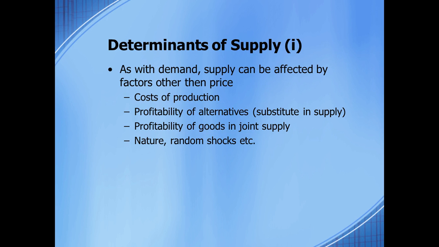With supply as well, you need to be aware of things like nature and random shocks, perhaps bad weather, poor harvests, and then the expectations of future price changes, perhaps in the item itself, the finished product, or it could be the cost of materials. So if fertiliser goes up, the chances are so will the price of tomatoes.